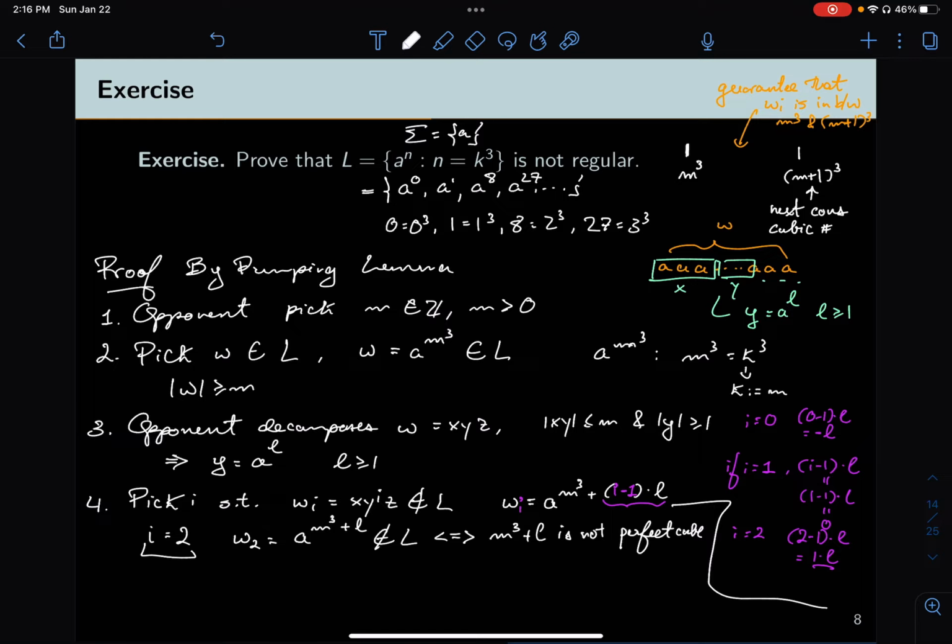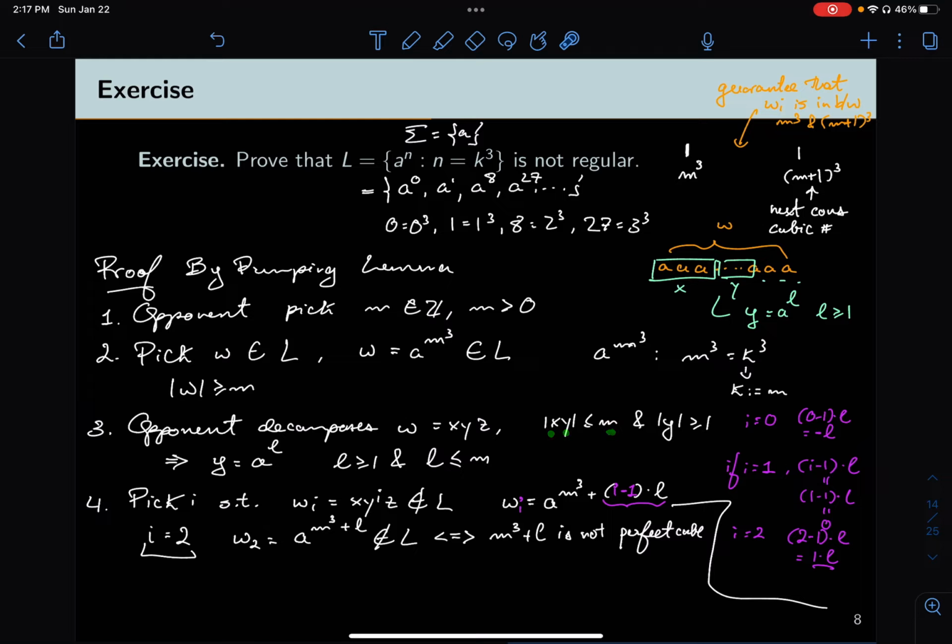Well, how do I do this? I do this by using what I know about L. I know that L is greater than or equal to 1, and I also know that L is at most m. It's at most m because this second condition tells me that the concatenation of x and y is at most m.